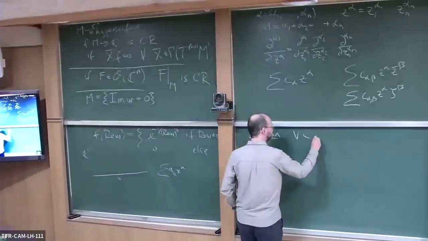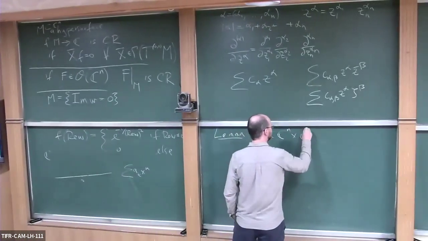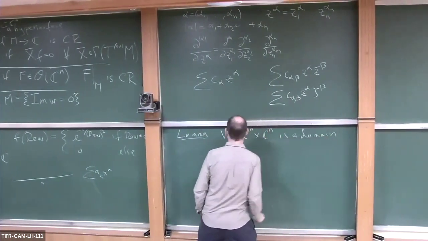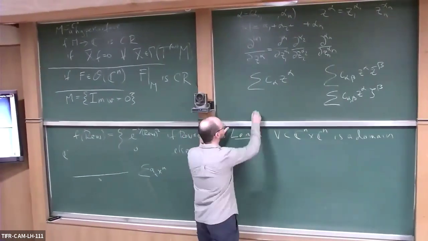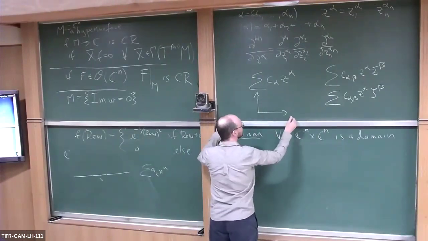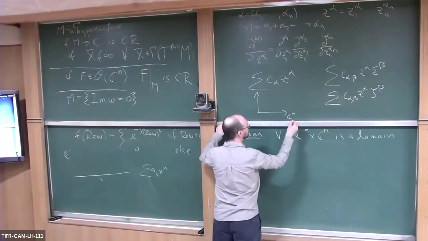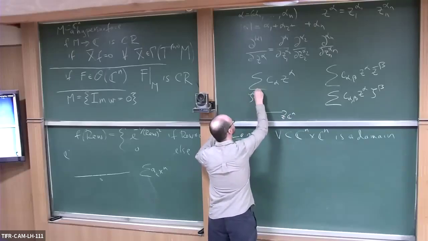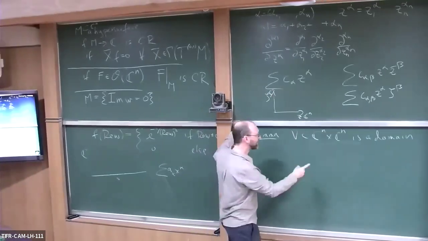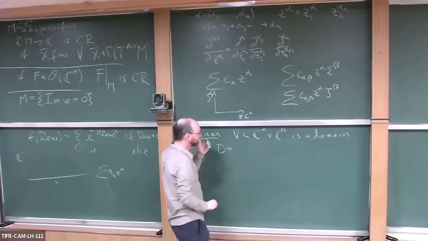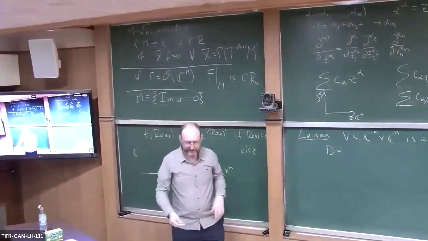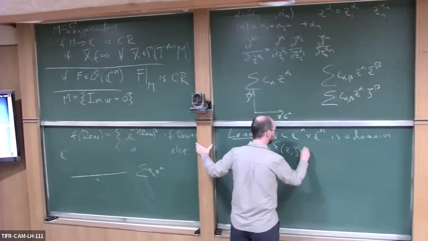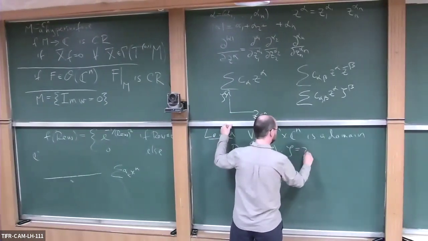So suppose that D × C^n is the domain. So this is now in this 2n dimensional space. You have one C^n here, this is going to be my Z, and my zetas are going to be here, that's another C^n. Then we let D, which is going to be called the diagonal, be the set of Z's and zetas with zeta equal to Z bar.